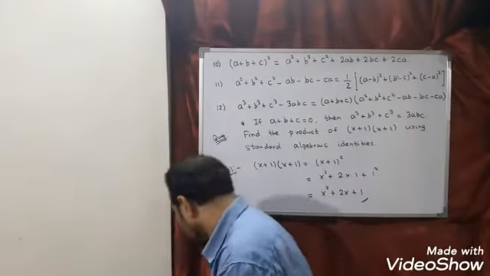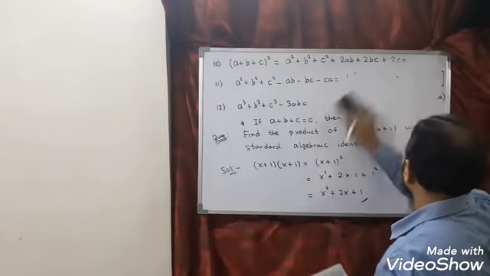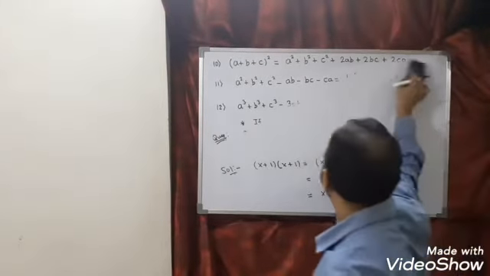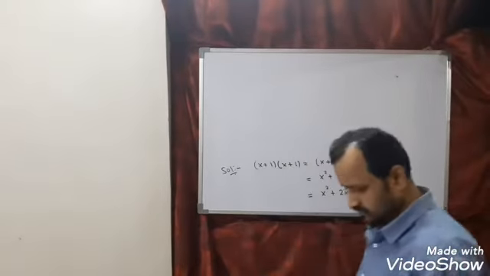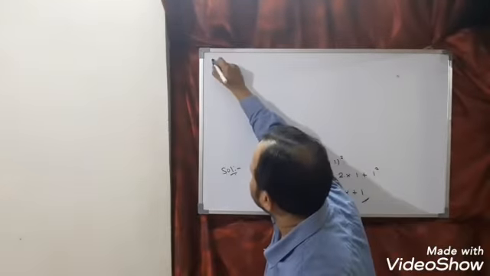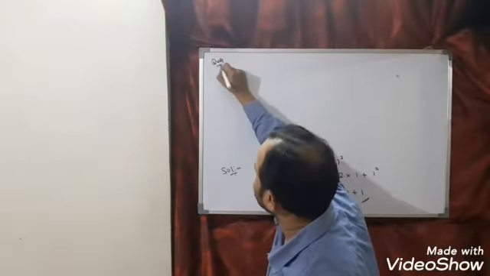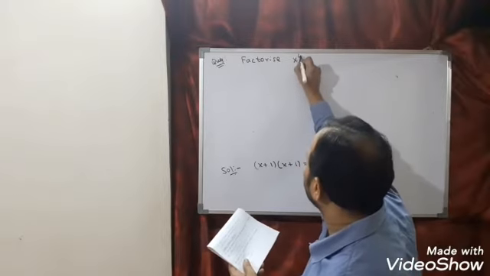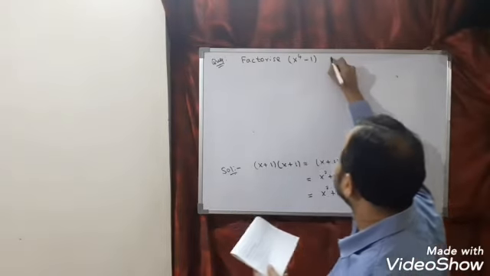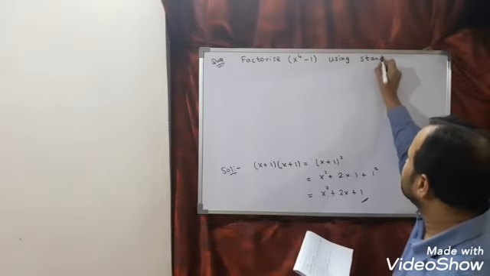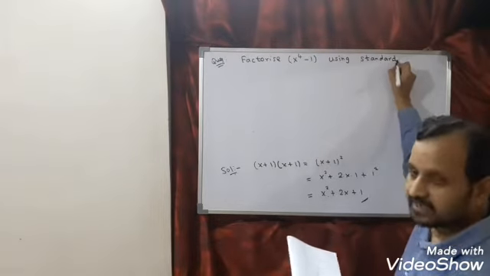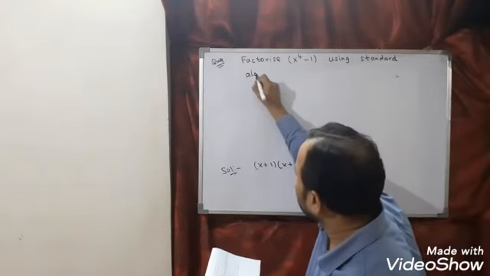So this is the required solution. Let us see one more question. The next question is, factorize x to the power 4 minus 1 using standard algebraic identities.